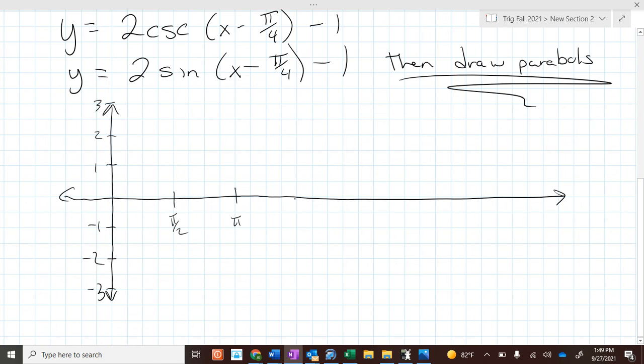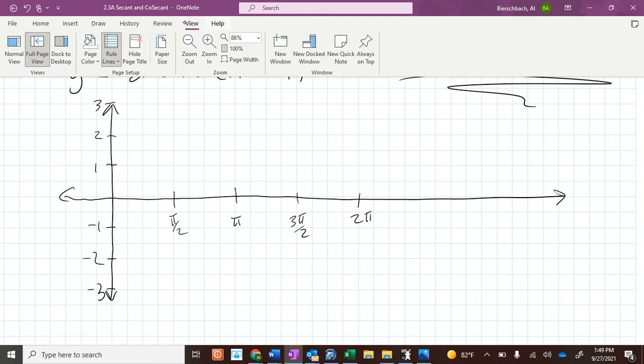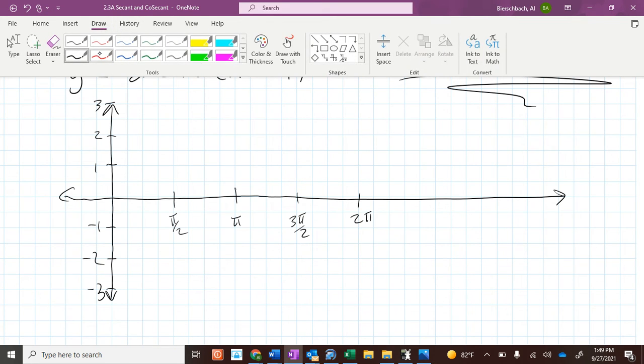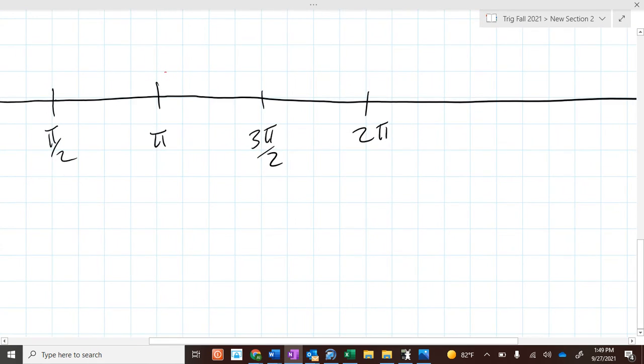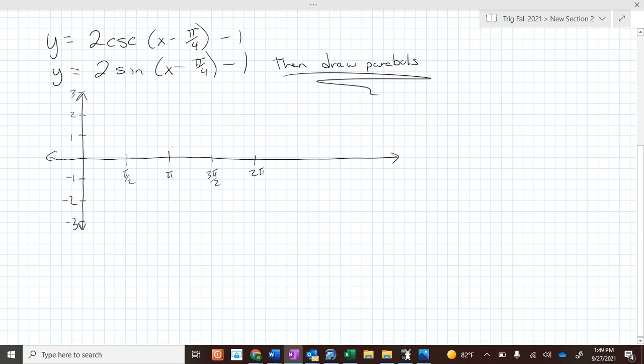Pi over 2, pi, 3 pi over 2, 2 pi. Okay, so I'm going to graph sine, and here's another way I do things, is I'll underline what I'm doing each step. So first step, I'm just going to do the sine of x. So I'm just going to underline that and go 0, 1, 0, -1, 0. Just like what we did last week.